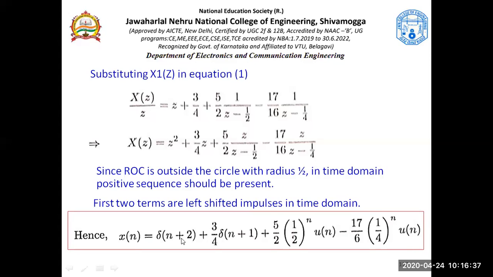Go with the chat. What is the Z transform of delta of n minus 2? Yeah, somebody has come there.